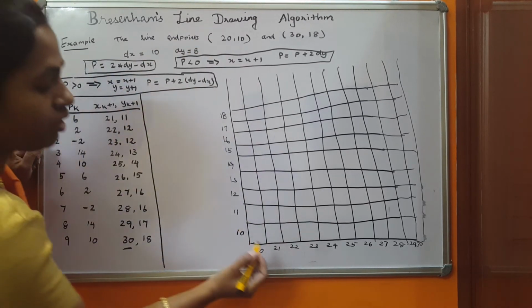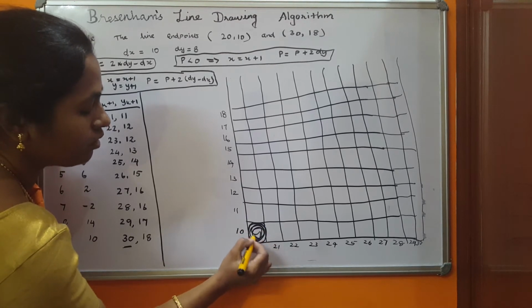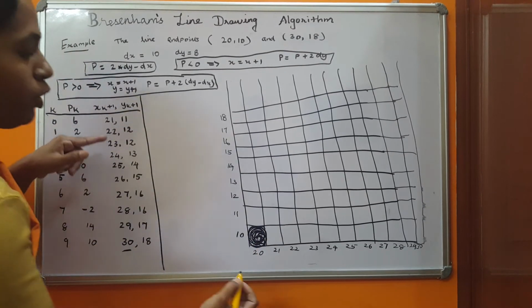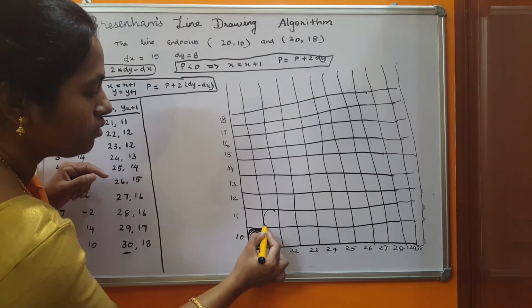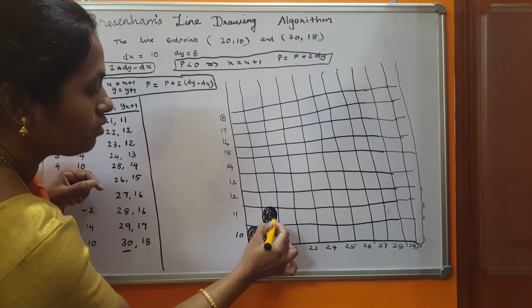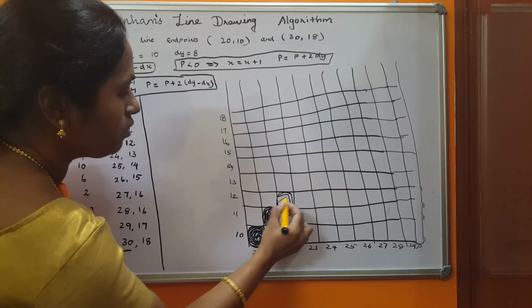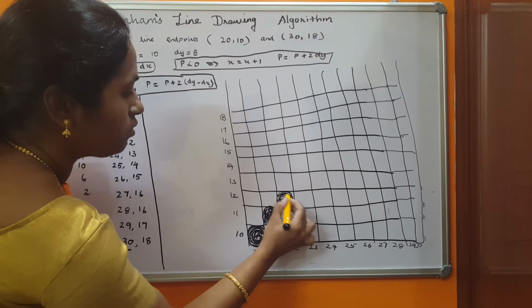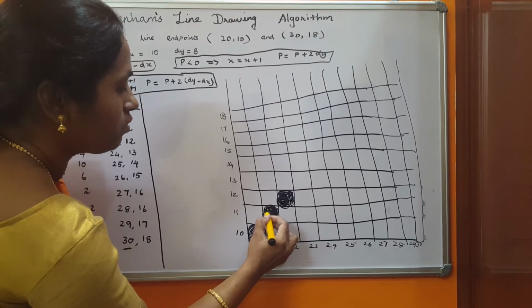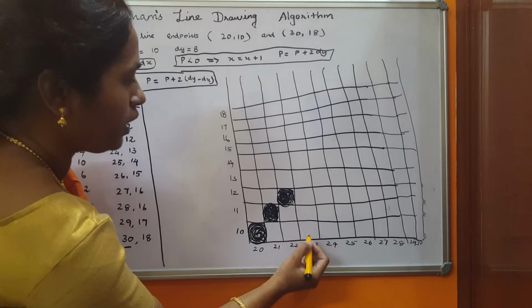The first point is 20, 10. The next point is 21, 11. Next point is 22, 12. Next point is 23, 12.